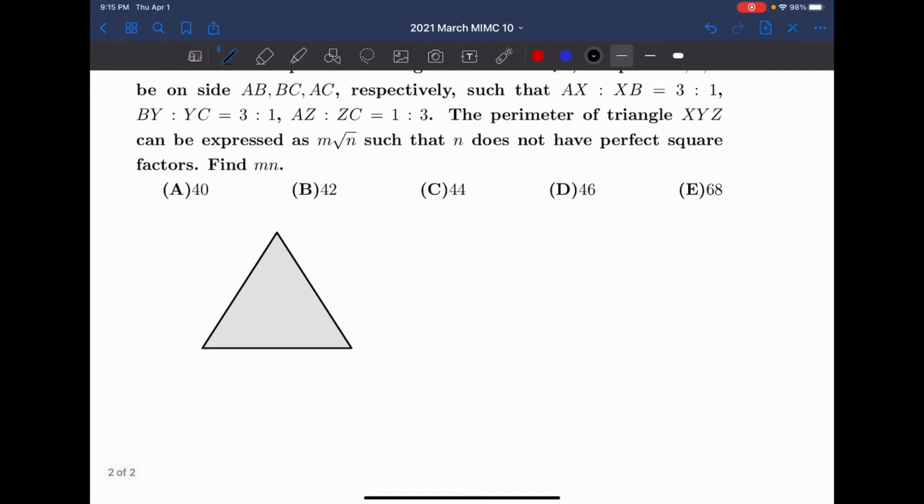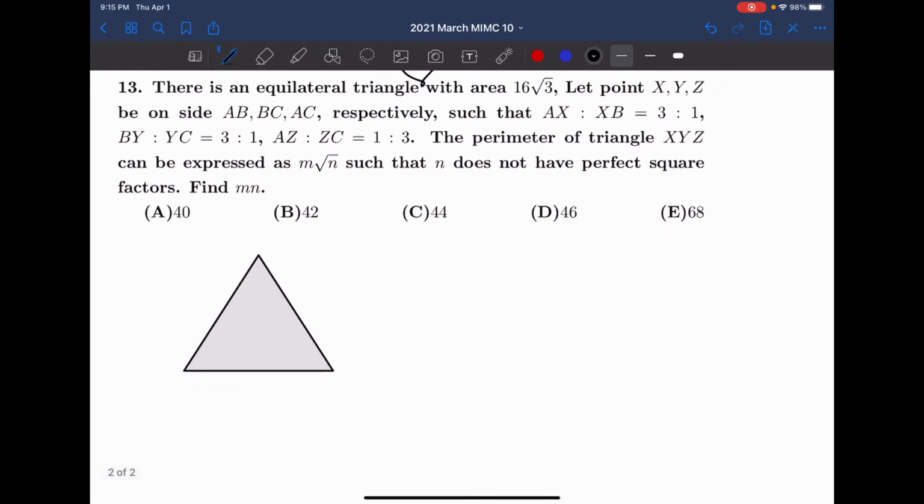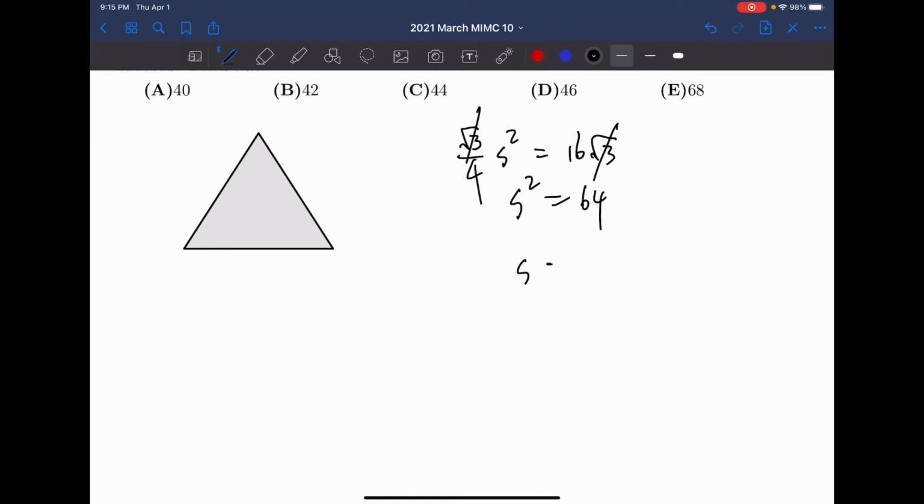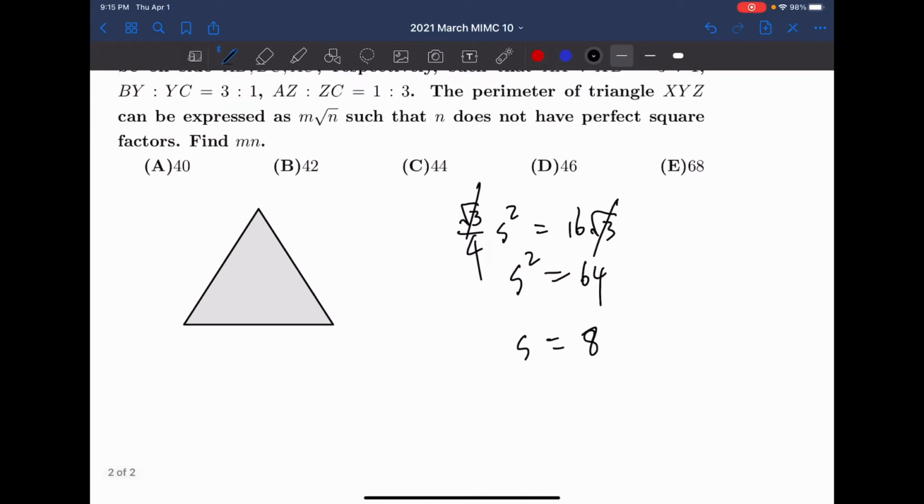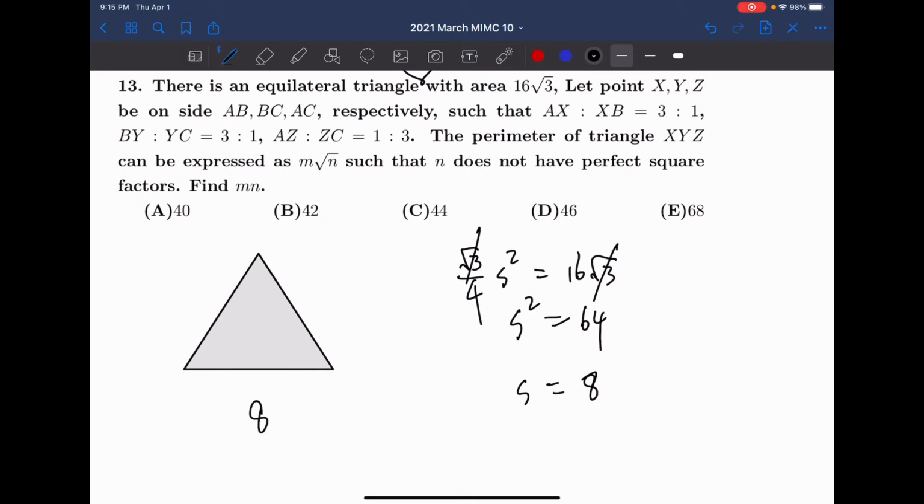And we know there is a formula for the area of an equilateral triangle, root 3 over 4 s squared, is equal to the area, or 16 root 3. Divide that out, and we get that s squared is 64. Since the side length cannot be negative, s must be 8. So we know that the side length would be 8.